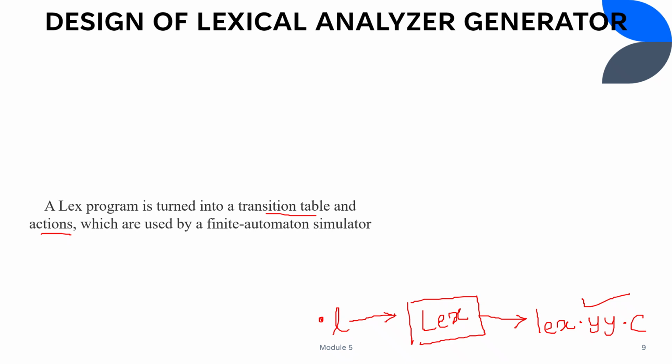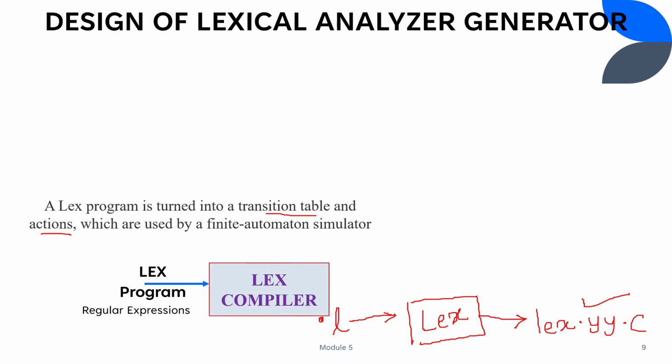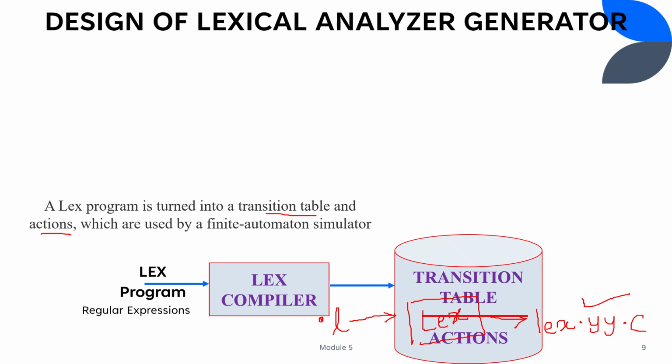This table and the actions mentioned will help the lexical analyzer to decide whether an entered input is a valid lexeme or not. So the Lex program which has regular expressions is given to the Lex compiler. This Lex compiler is responsible for generating transition diagram or table.